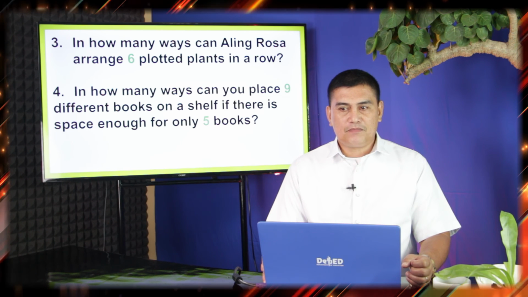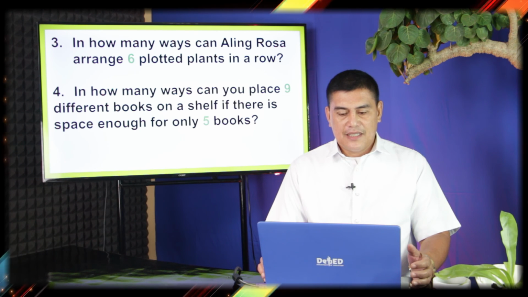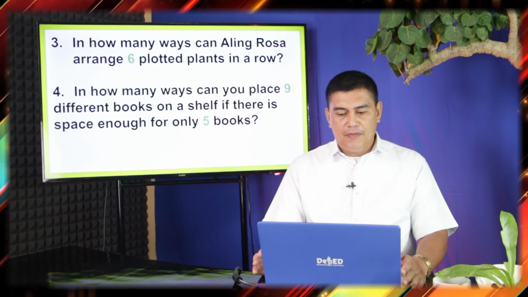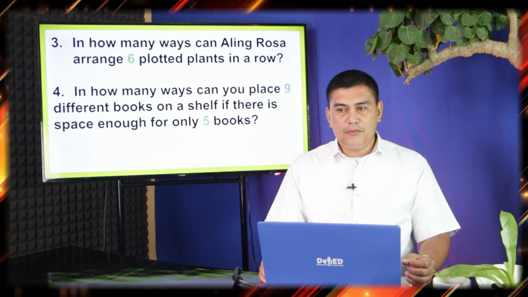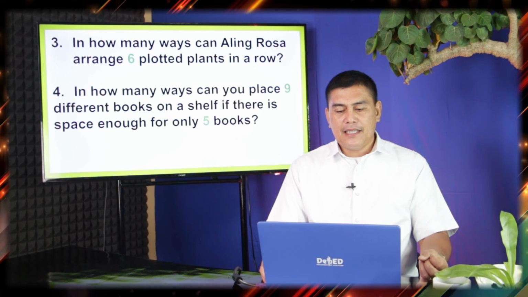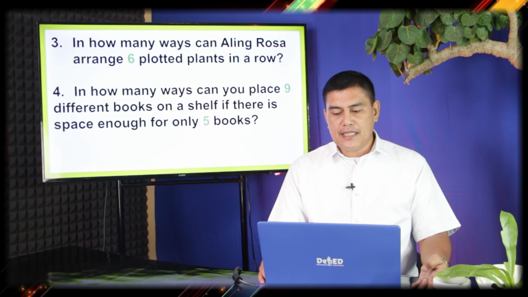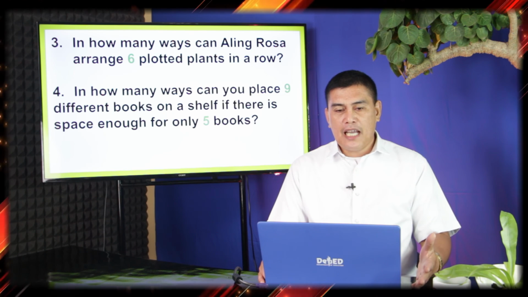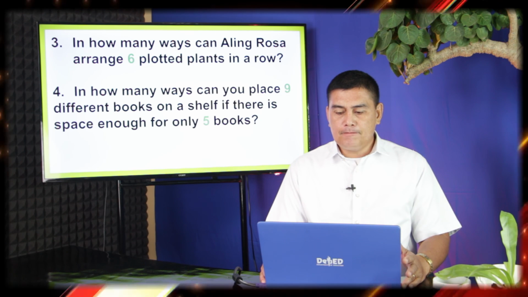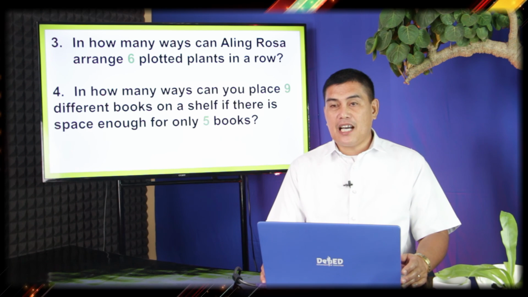Go. 5, 4, 3, 2, 1. Time is up. So, since there are only 5 spaces, just multiply. For the first book, there are 9 choices. 9 times 8 times 7 times 6 times 5. The total possible ways is 15,120.